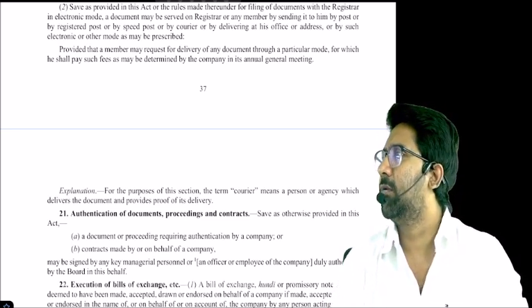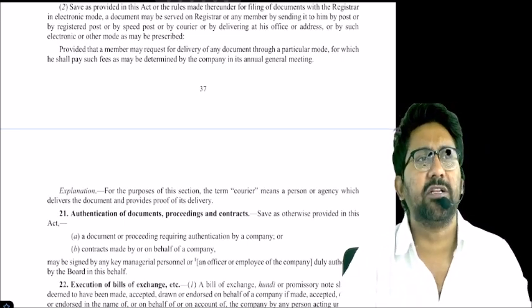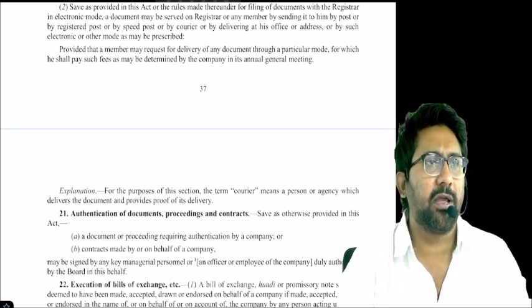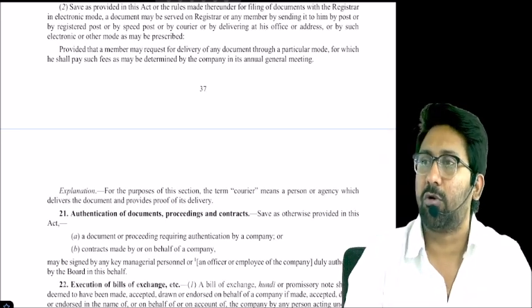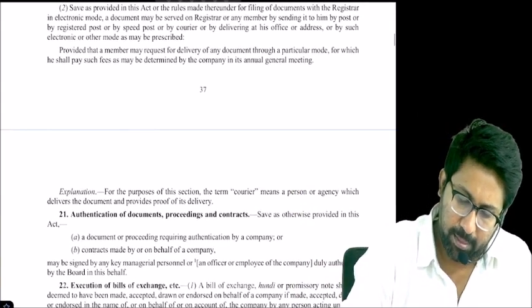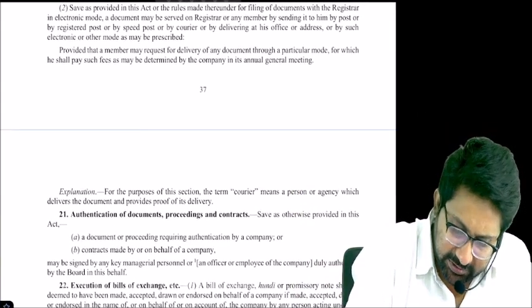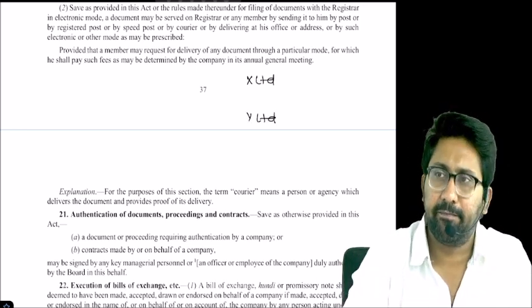Everyone listening? We are now going to understand the intention of this particular section. What do we mean by subsidiary company not to hold the shares in holding company? See, there are 2 companies, X Limited and Y Limited.